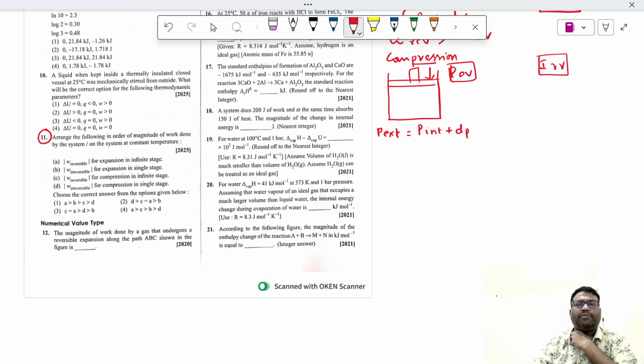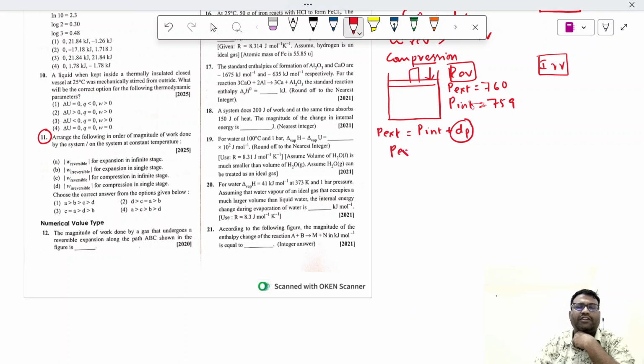So let us take P external and P internal the same. P external is 760 and P internal is something like 759. Okay. So as it is a reversible process, this dP is very small.